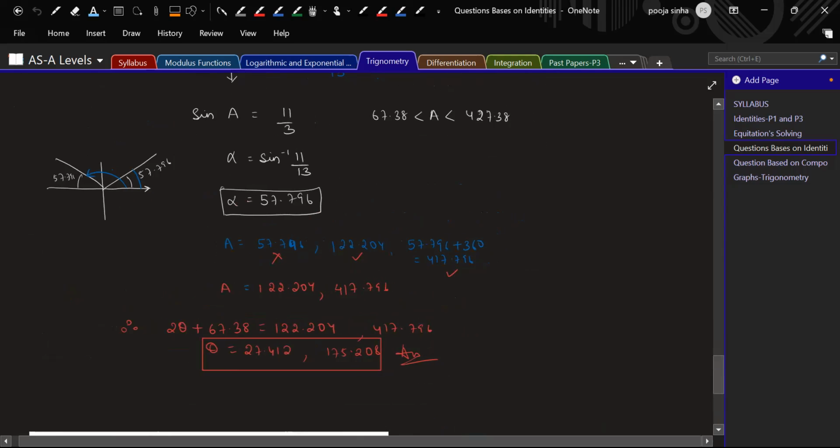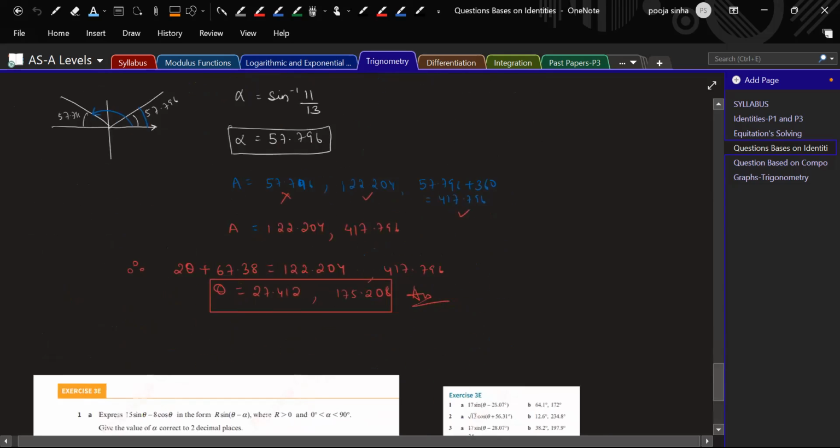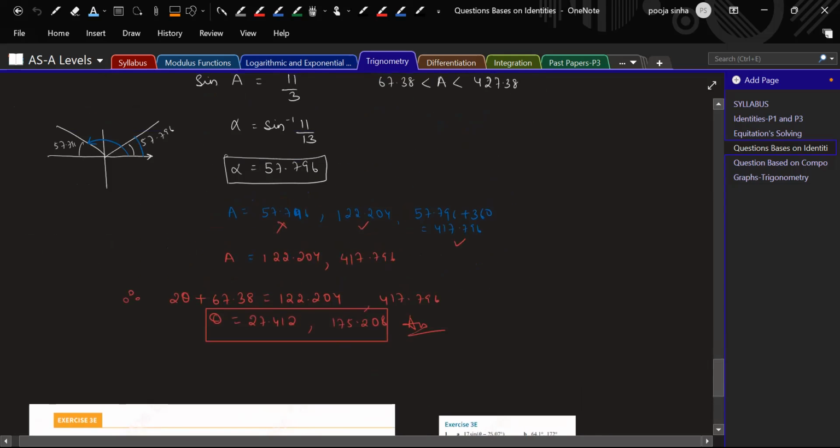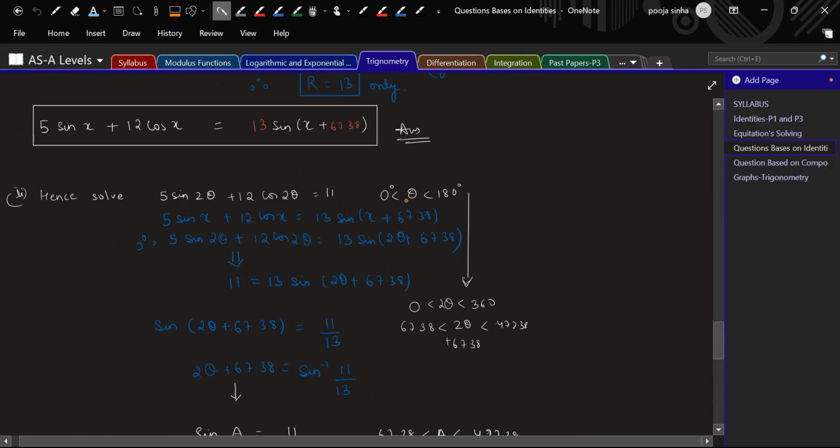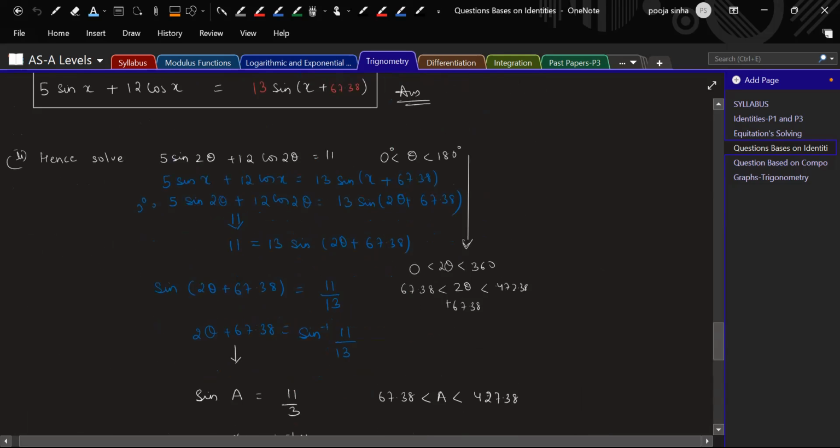And we are taking that 361 also. We have to take 2 to 3 values depending on the range, because finally हमारे range में कौन सा आएगा, that we will have to see. Because finally say theta का range तो 0 to 180 degree दिया हुआ, right?